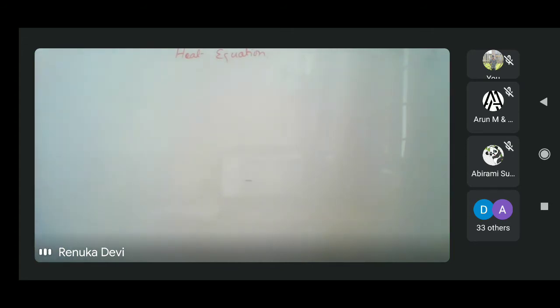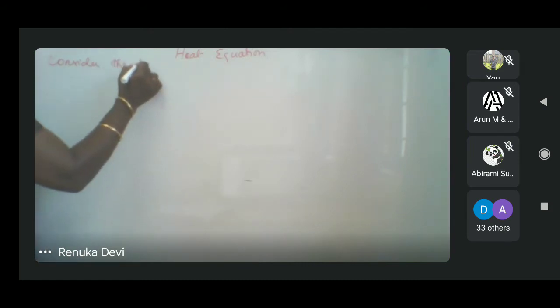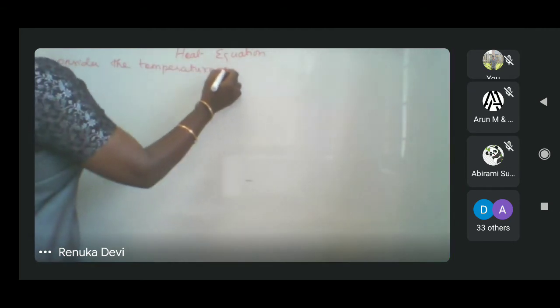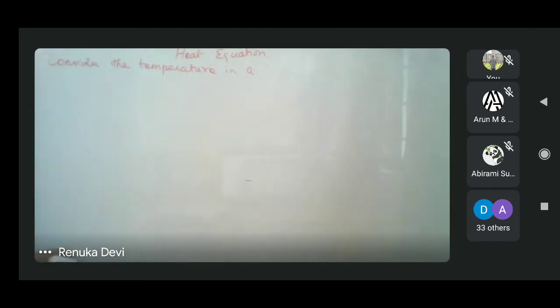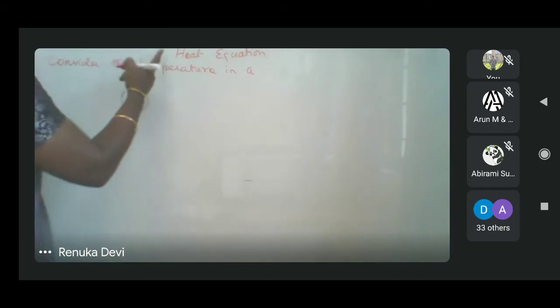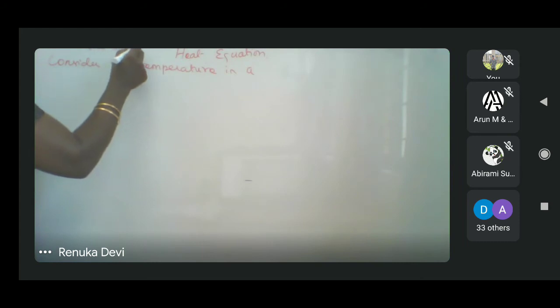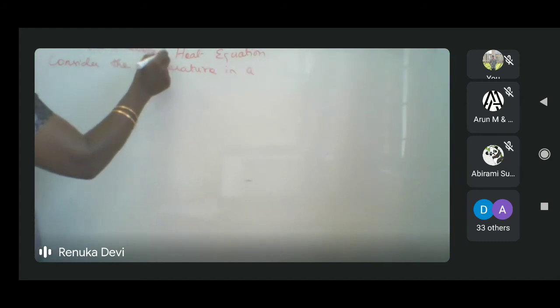Take down this problem. Consider this one-dimensional heat equation problem. We will see how it is one-dimensional.